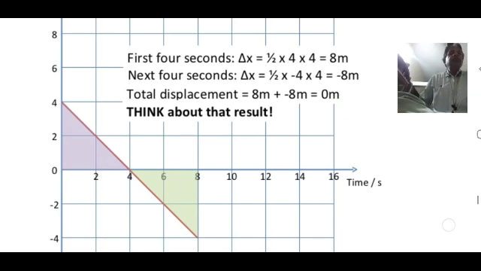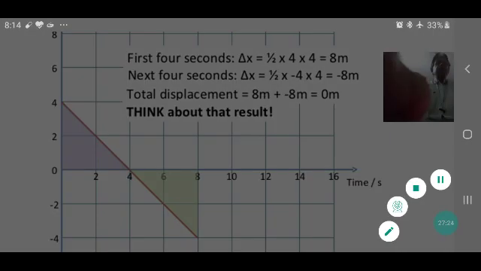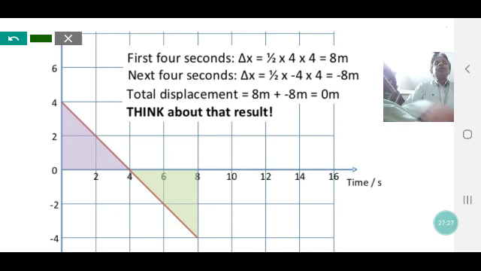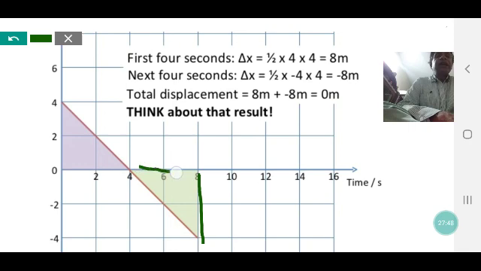Look here first. For the first 4 seconds, the displacement covered is half into 4 into 4, that is 8 meters. For the next 4 seconds, the displacement is half into minus 4 into 4, that is minus 8 meters. Now the total displacement would be 0.